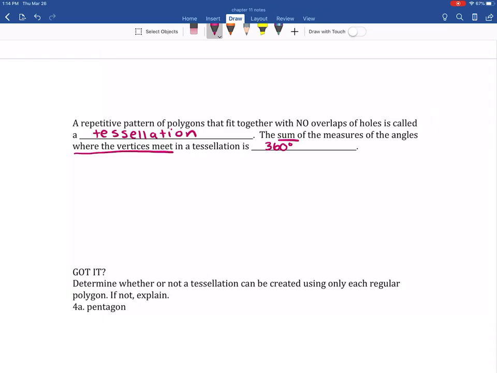So if I were to draw out something like this, I could say this pattern was formed by 4 squares. Okay? This one could be 90 degrees, and this one, and this one, and this one. So when I add them up, all of those center ones, 4 times 90 is 360.